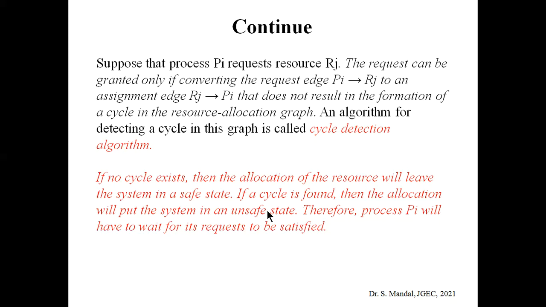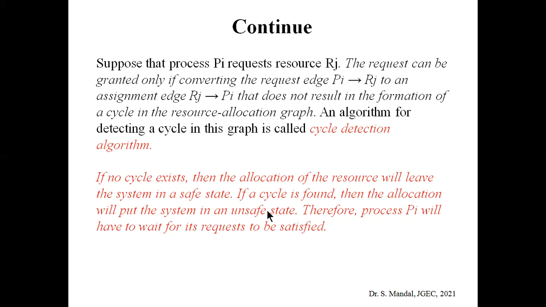It is the main point. That means suppose Pi is requesting to access the resource Rj, but at that time there is no cycle in the graph.